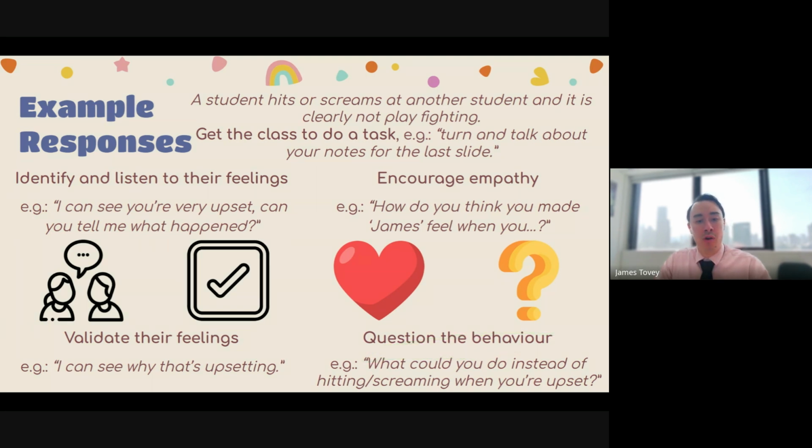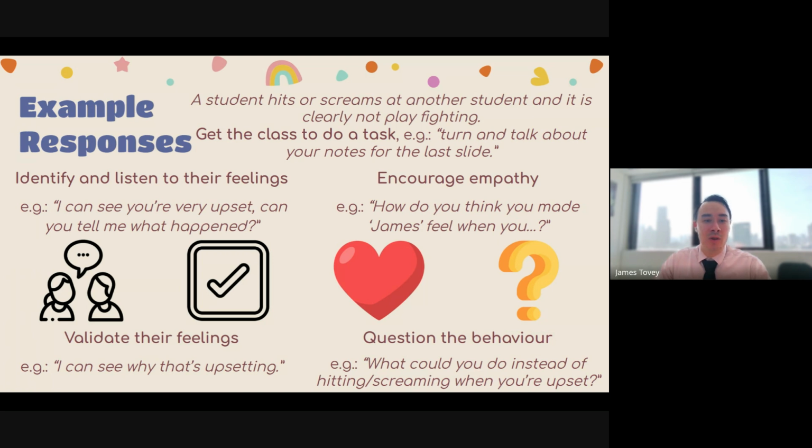Question it. What could you do instead of hitting or screaming when you're upset? How could you communicate that you want them to stop? Or if they refuse to stop, what is something you can do to leave the situation, implying they should just walk away, or maybe speak to the teacher? Lead them to find ways to deal with the situation better in the future, and essentially tell them what they're supposed to be doing.